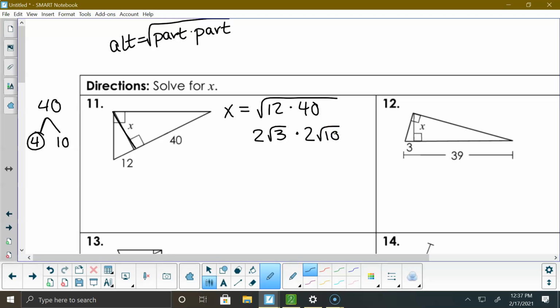So this will be 2 root 10. All right, so I get 4 square root of 30. Can I simplify square root of 30? I've got 3 and 10, I've got 5 and 6, and that's kind of it. So I'm done. 15 and 2, but that doesn't help me. That's it. What other ones do we want to do?